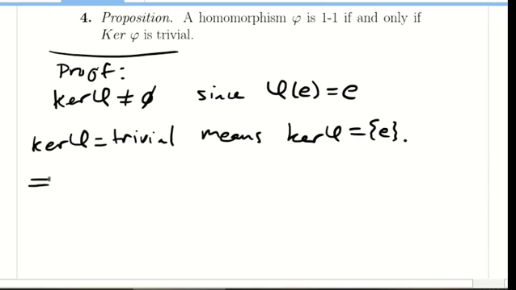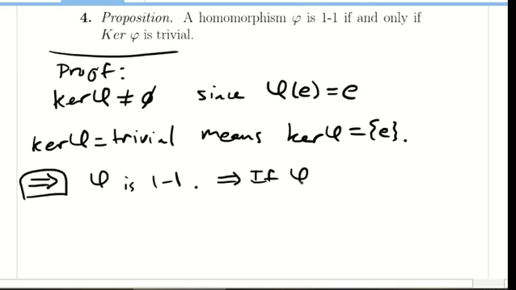So let's go this way first. So say phi is 1-to-1. Okay? That means that if phi of x equals phi of y, then x equals y.